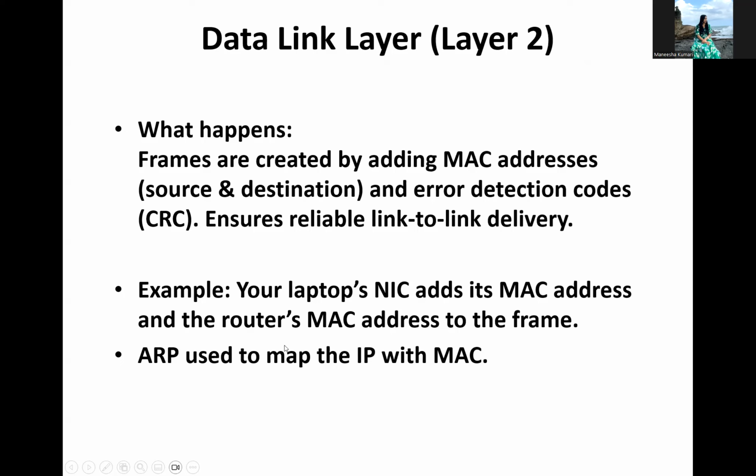It will map the IP address with the respective device's MAC address, so MAC resolution is done by the ARP protocol. And again, ARP you can study separately. It's a separate topic. So in this layer, our protocol works.